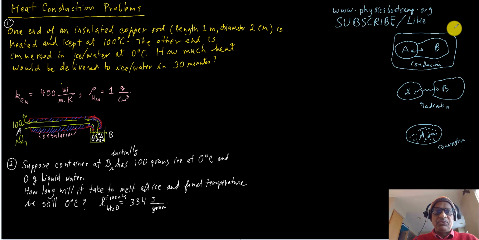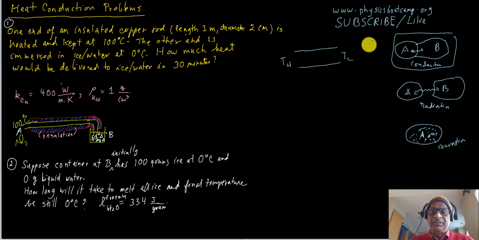And to answer these questions, you need to know what is called Fourier's law of conduction. Okay, so say I have an object, maybe this side is higher temperature, TH, and this side is lower temperature.